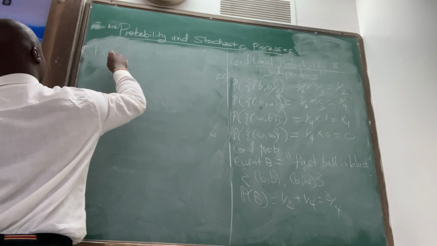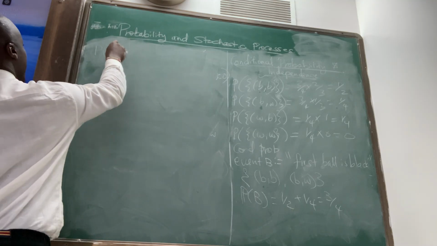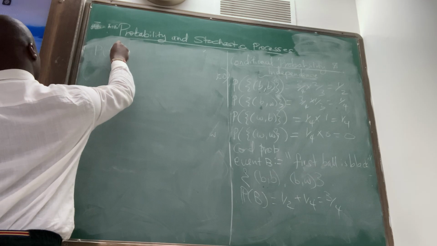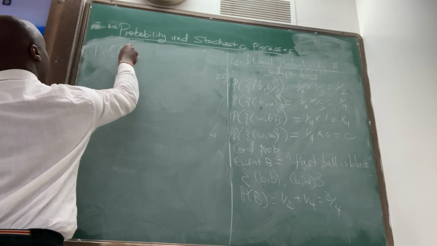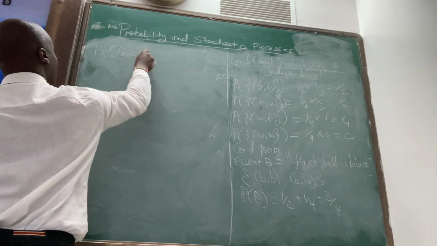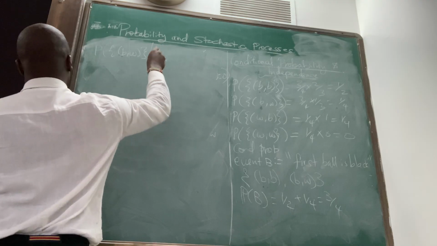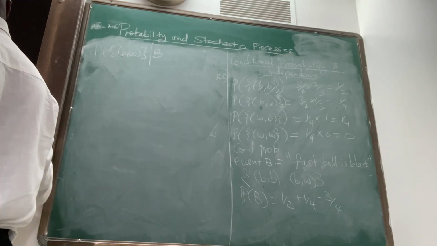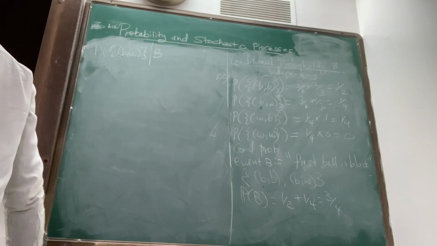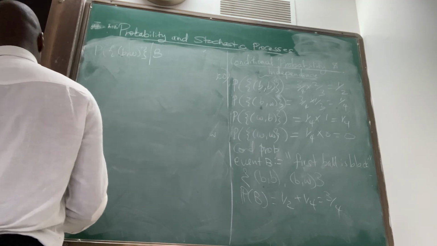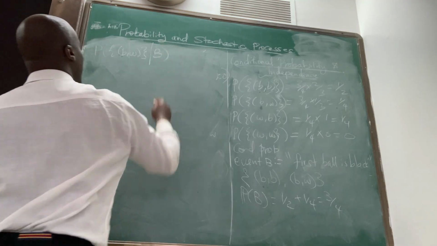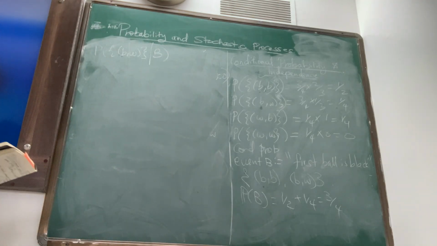I want now to calculate the probability that we have this event BW, given that B has occurred. Okay? So how do you calculate that event?